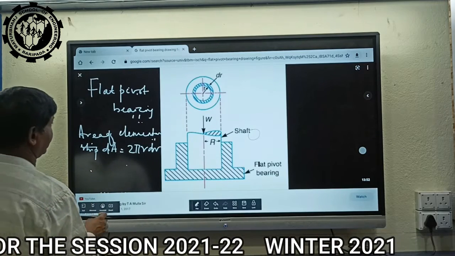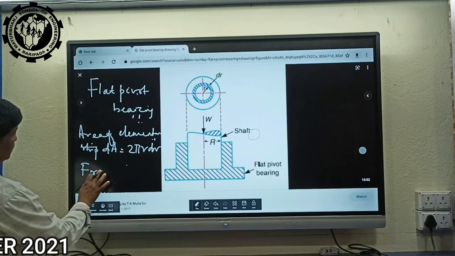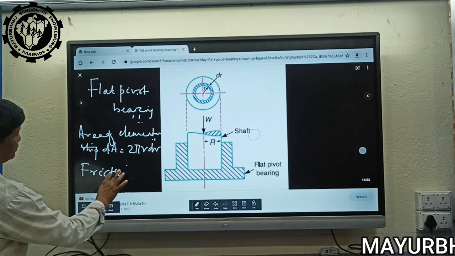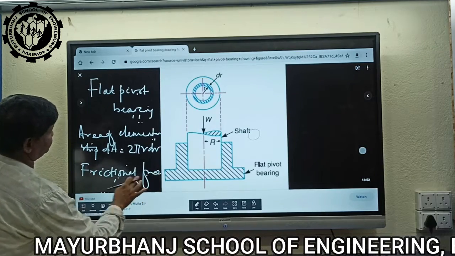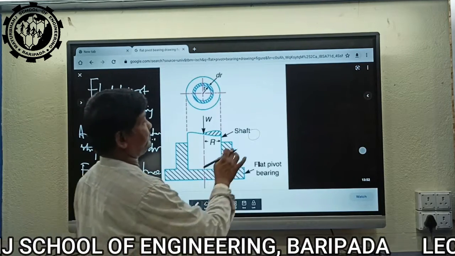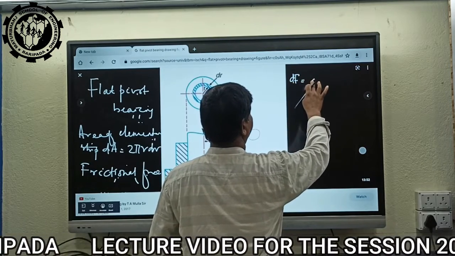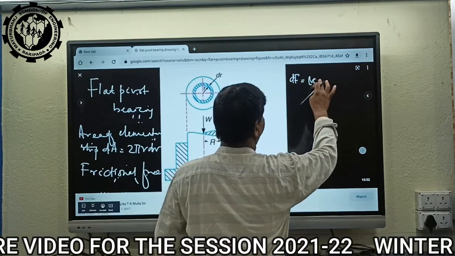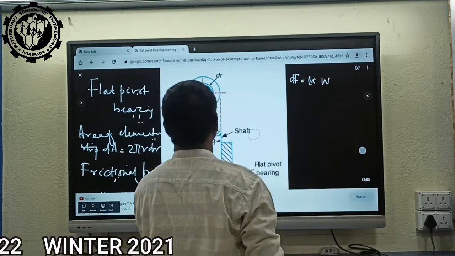Then the frictional force dF is equal to mu into W.